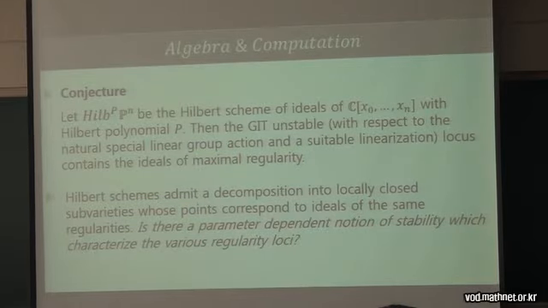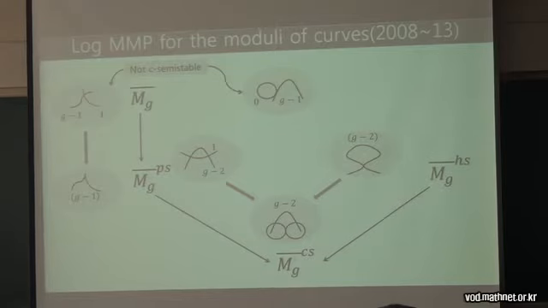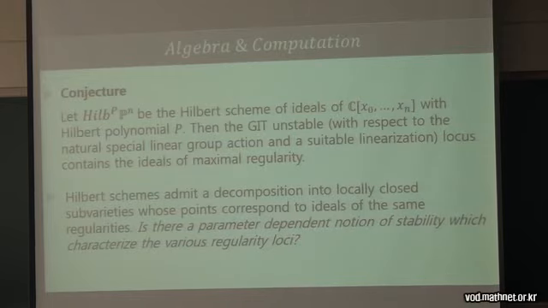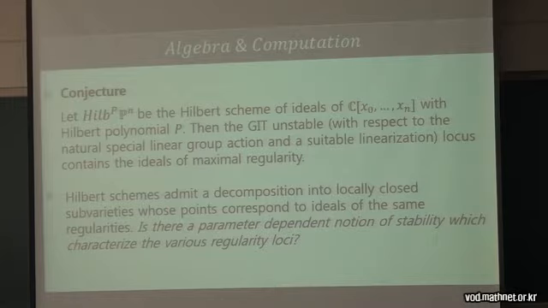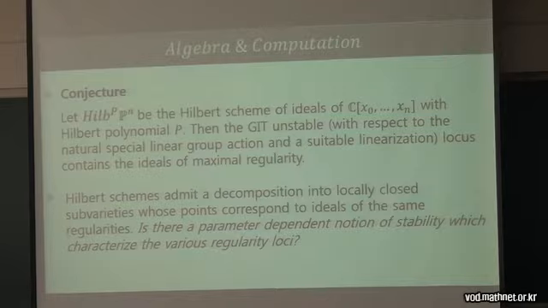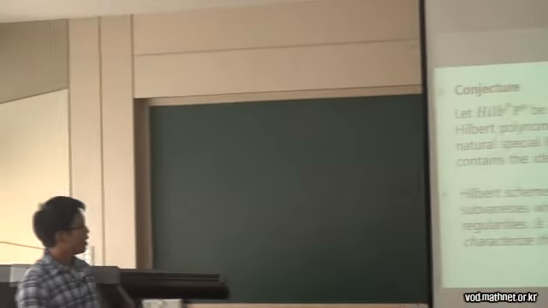And so from the previous proposition, which was that some sort of semi-stability implies a very small regularity, I came up with this conjecture that you take a look at the Hilbert scheme. Then the Hilbert scheme is going to be decomposed into locally closed subvarieties in which the regularity remains the same. Okay, and there is going to be the locus of maximal regularity.